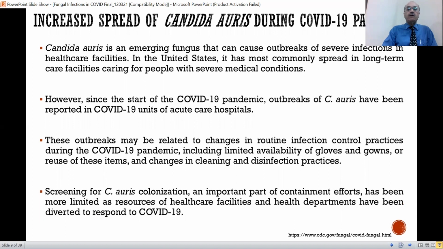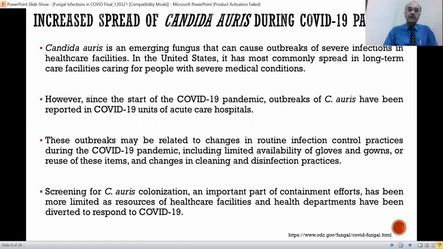A word about Candida auris. Candida auris is now actually called a superbug. It's an emerging fungus which is causing outbreaks of severe infections in many United States healthcare facilities. A study from India has also shown that Dr. Chaudhary, I think from Delhi University, has isolated about 45 patients with Candida auris.